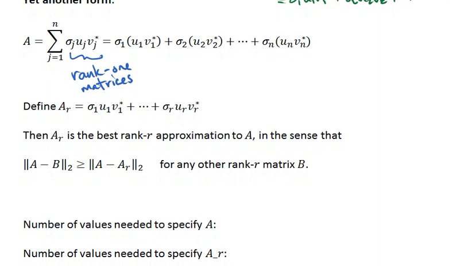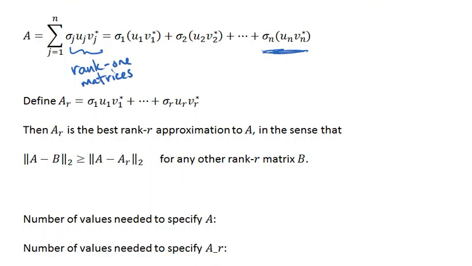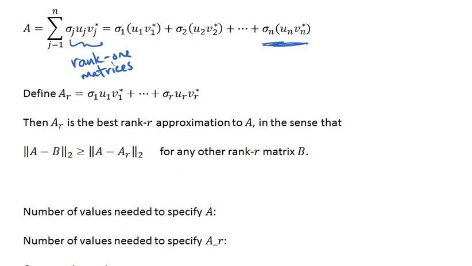Okay, so now something interesting happens. If we take this sum, which runs all the way out to the nth singular value in vectors, and we chop it off after only r terms, we can call that A sub r.